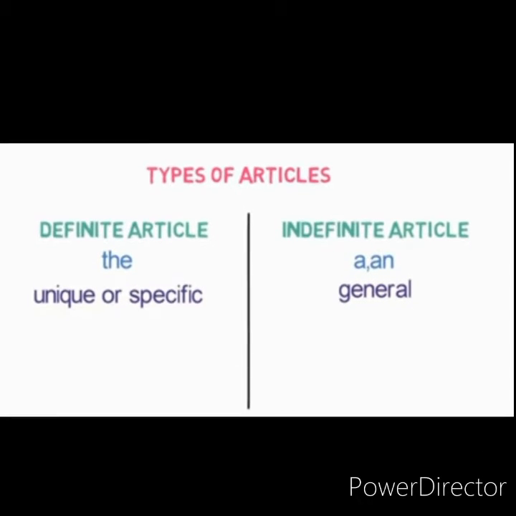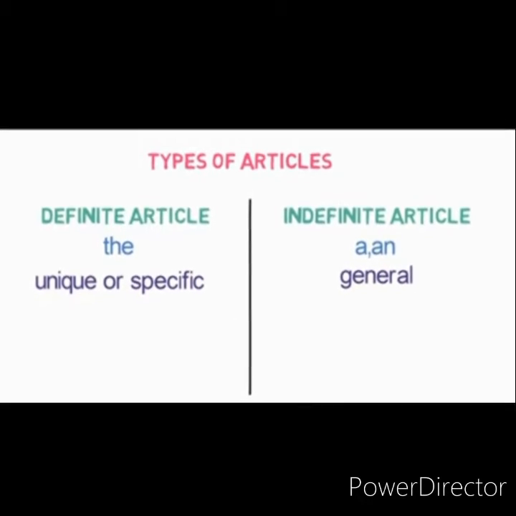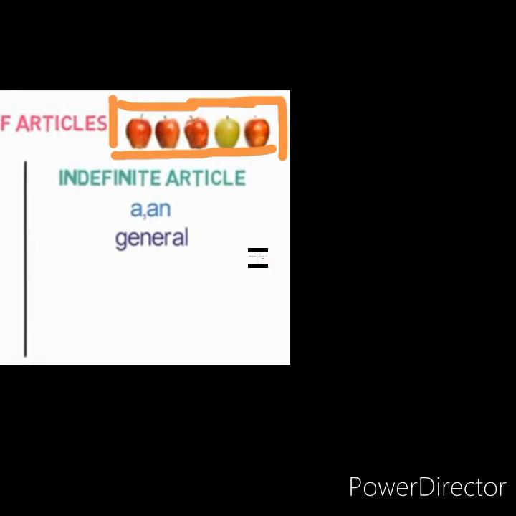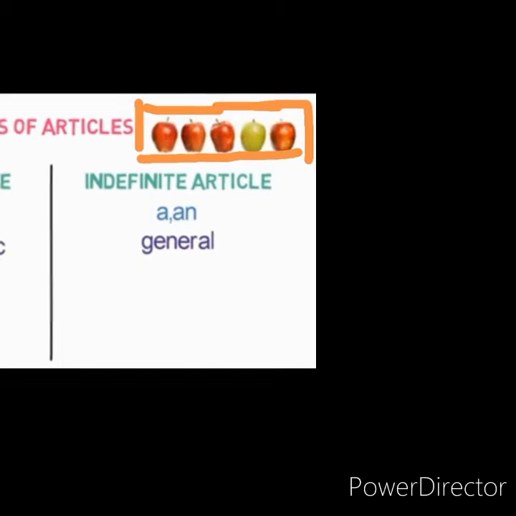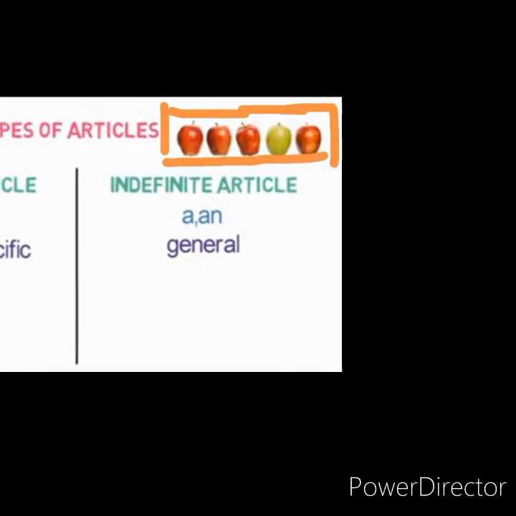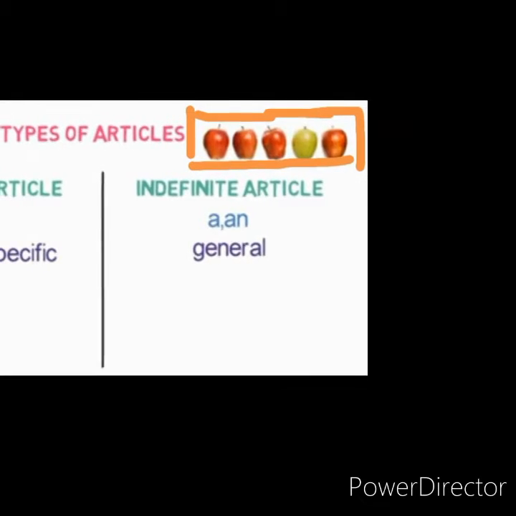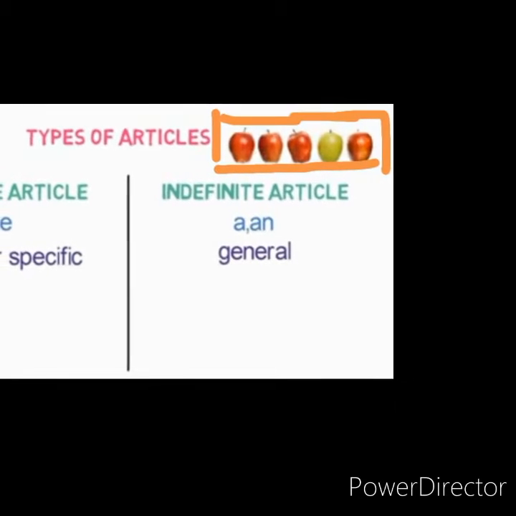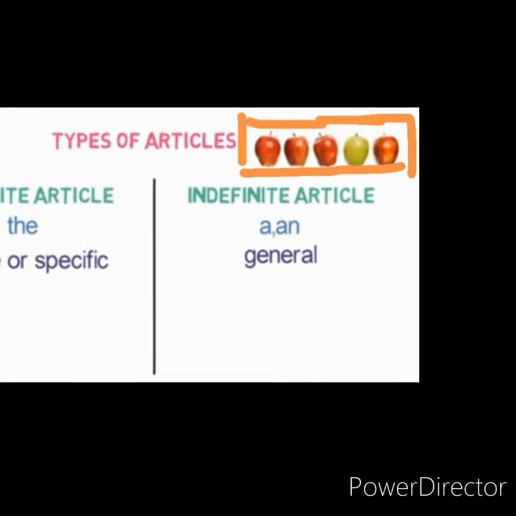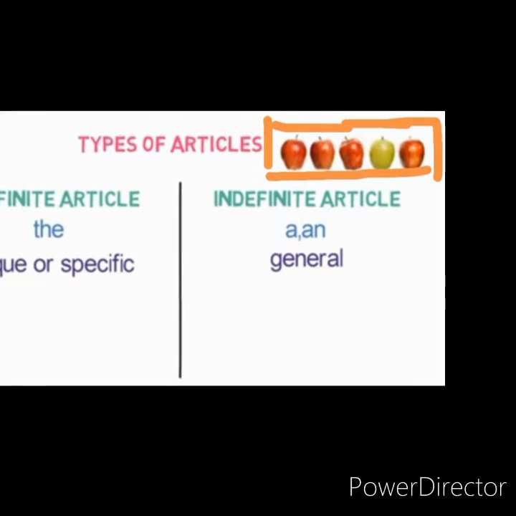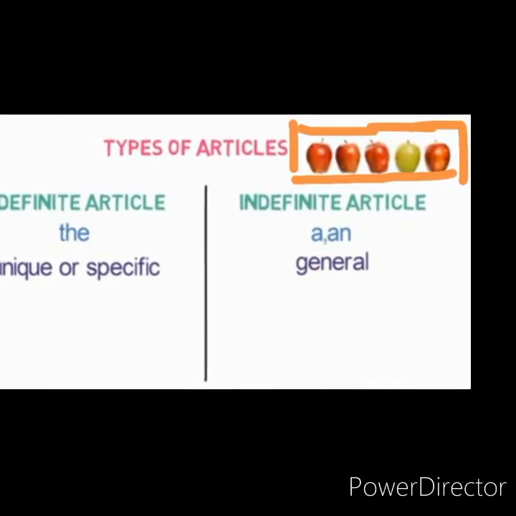Now, let's understand this with an example. Suppose there are apples in front of you, and you're given a choice to eat one of them, and you want to eat any one from it. Then what will you say?